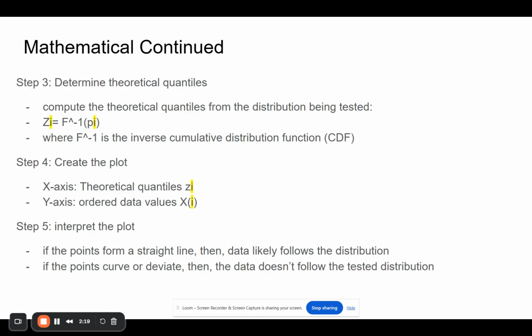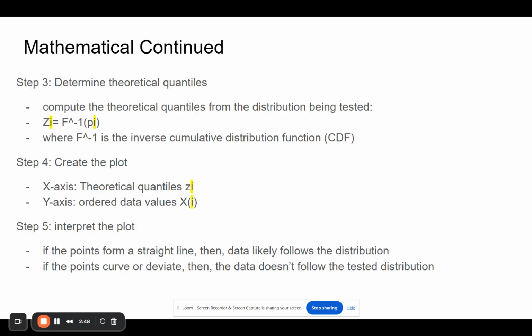For example, if we want to test for normality, we use the inverse of the standard normal CDF. This is also called the phi inverse. After that, we can create the plot by placing the theoretical quantiles z sub i on the x-axis and the ordered values x sub i on the y-axis.